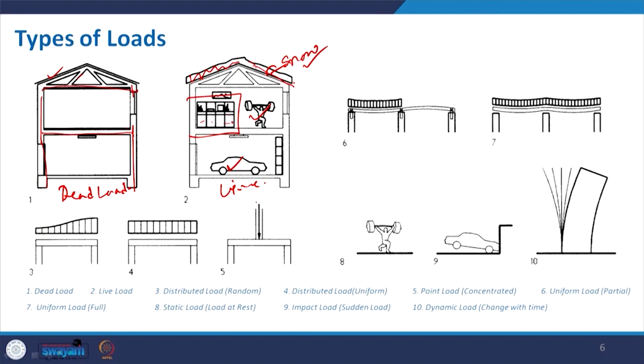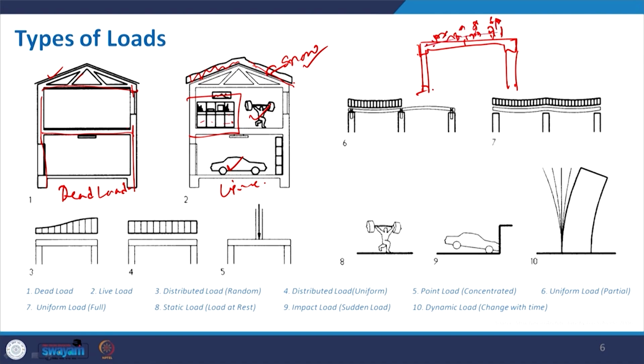Now, if you see picture number 3, what exactly is it? It is distributed load. Distributed load means when you apply a load to a structure, say for example this is your beam and column, or someone is standing here.